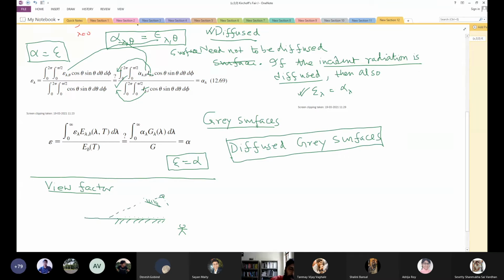The surface may be extended till this, and something is blocking. So I can see this part and this part. So the geometric arrangement of multiple surfaces determines how much radiation from one surface reaches another surface.